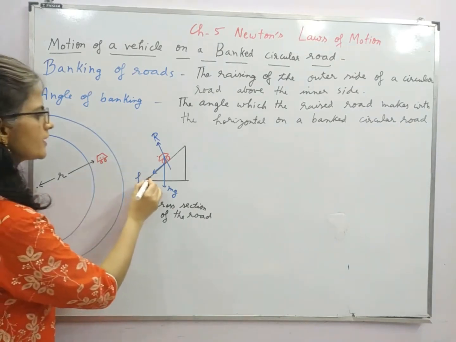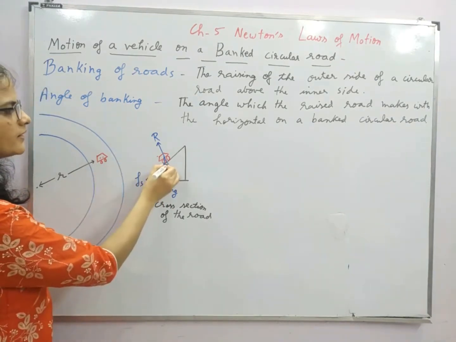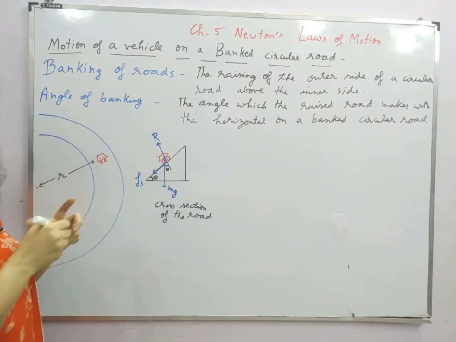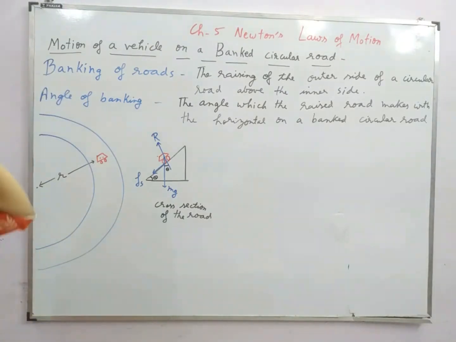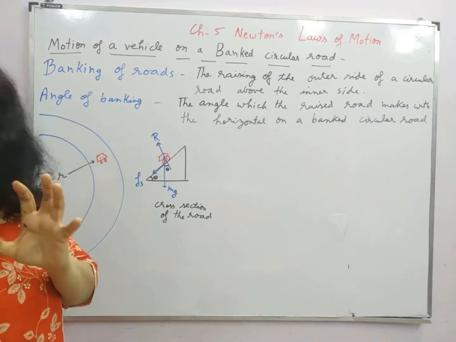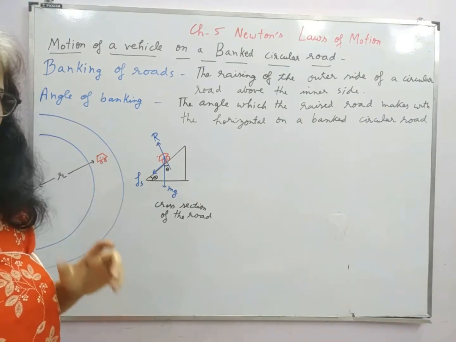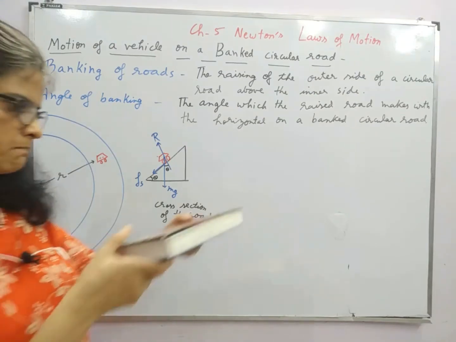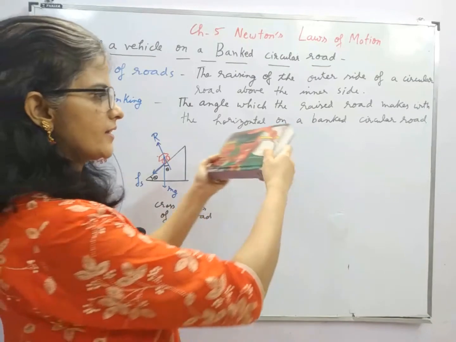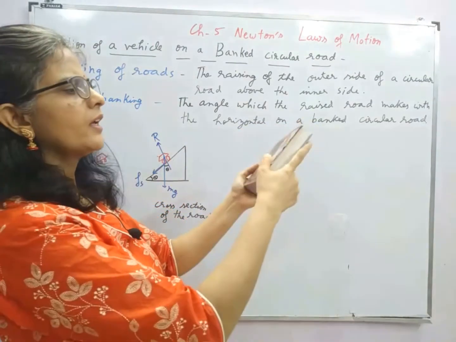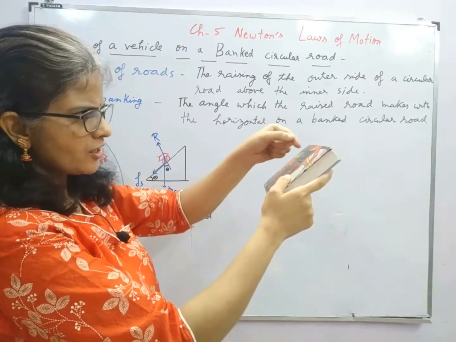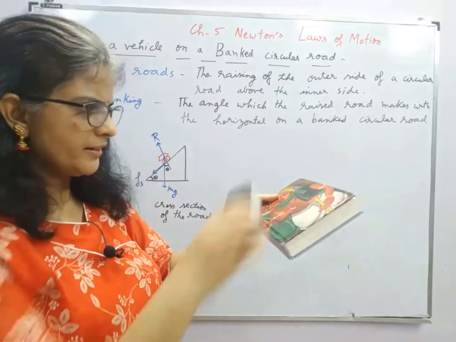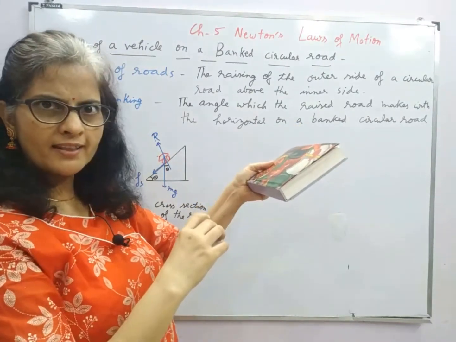Right? If this is the angle of banking, we know that this will be the angle theta only. So if I want to find the components, I need to think about the components. We have to keep the car on the circular track, and our circular track is everywhere like this. If I say the centripetal force is along the friction force, then the car, if your car is here, will fall like this.